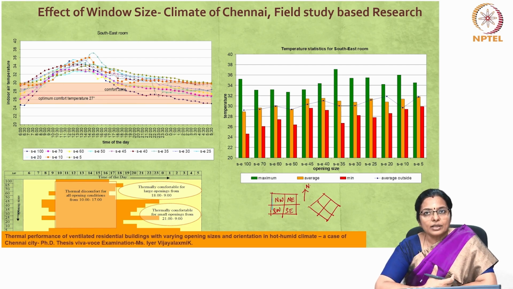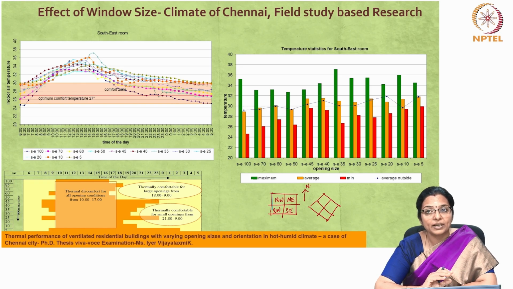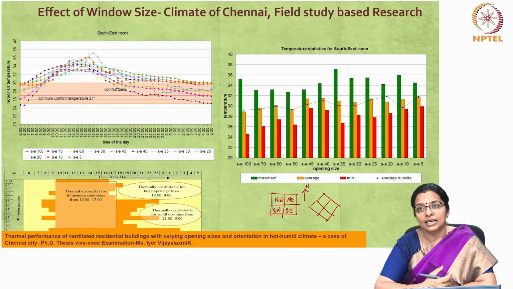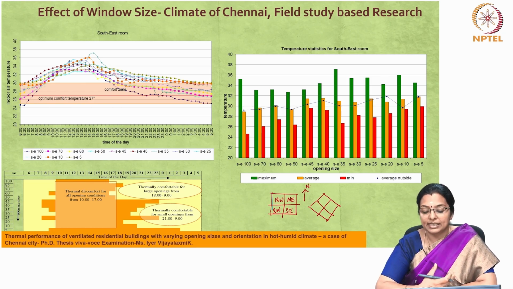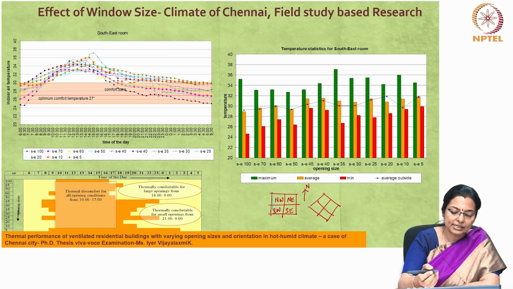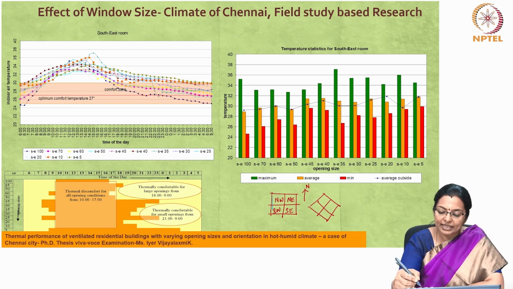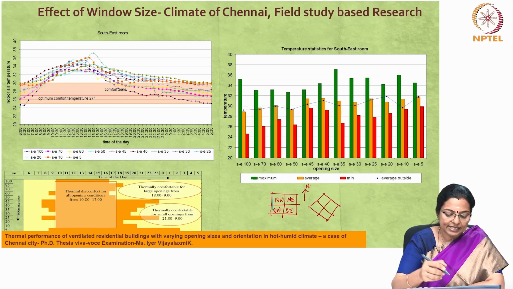So the indoor temperature is high for small openings and low for large openings in the northeast and southeast rooms. The difference in temperature at certain times due to variation of opening size can be as high as 5 to 6 degrees centigrade. You can see in this graph the temperature in the southeast rooms for the varying opening sizes.